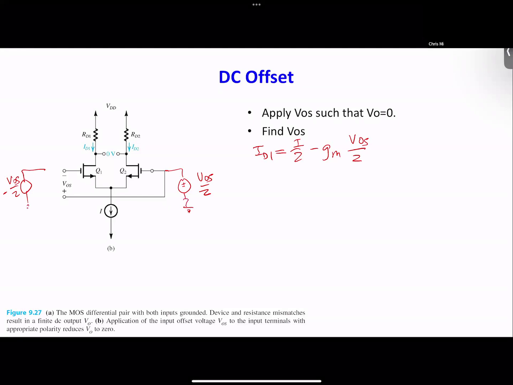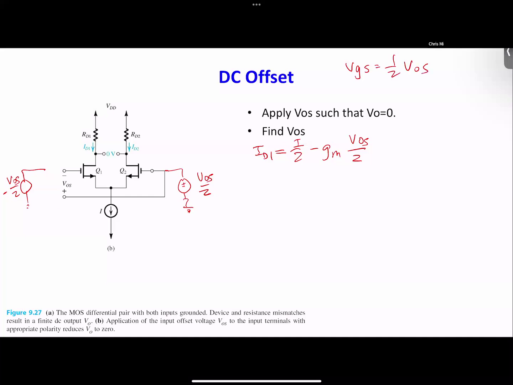And we know that for the small signal model, VGS equals half VOS, and the current is equal to GM times VGS, right? So these are the equations here, then we can apply them here.